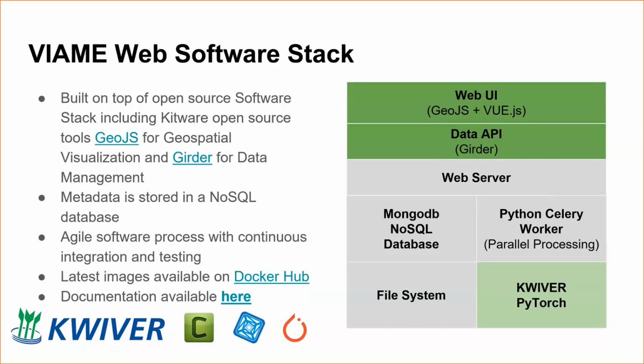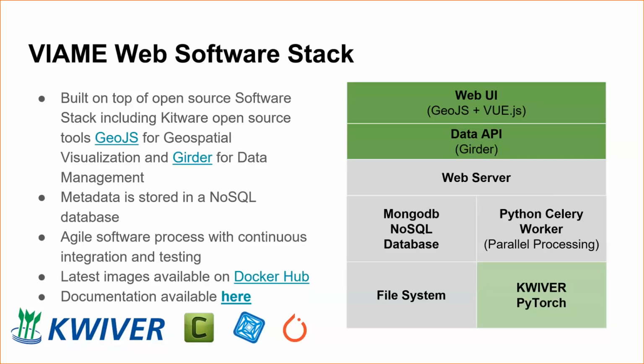The stack of VIAME Web looks something like this, as shown on the right-hand side. We use Kitware's machine learning software system called Quiver, along with PyTorch, as Matt mentioned. We work with the file system, whether it's local or remote. We have the software component that enables parallel processing, and for that we utilize the open source tool Python Celery.